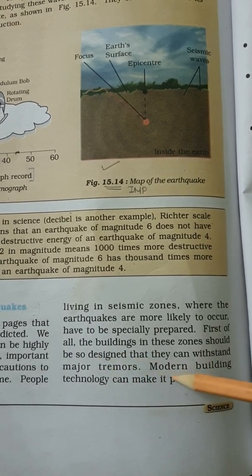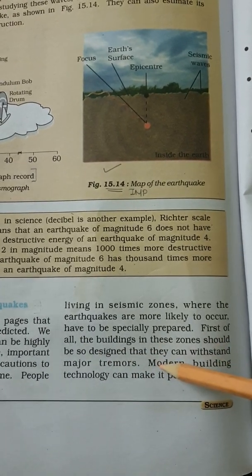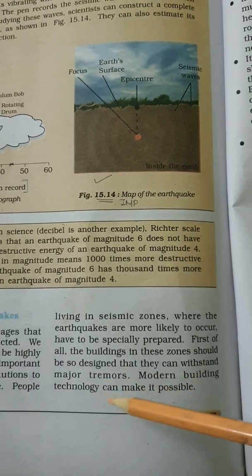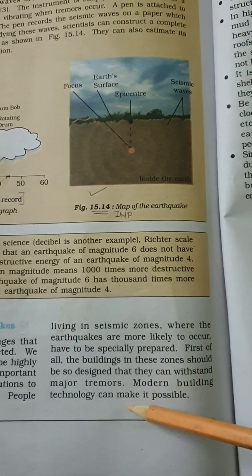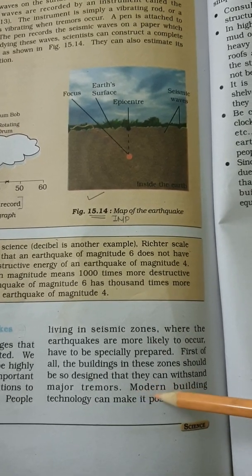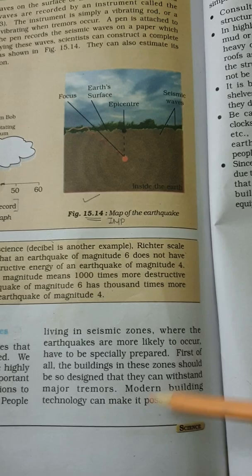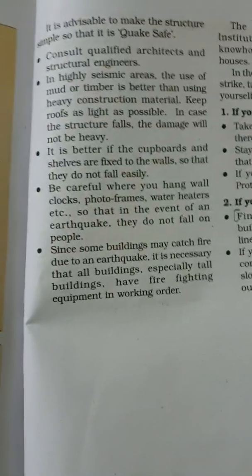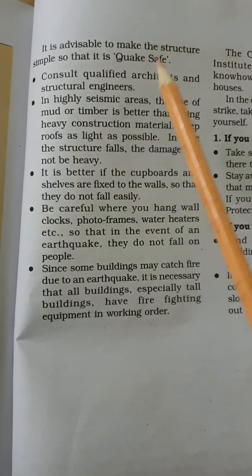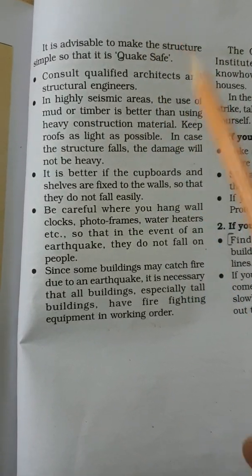First of all, the buildings in these zones should be designed so that they can withstand major tremors. Withstand means tolerate major shaking and major tremors, not that with slight shaking the building falls down. No. Modern building technology can make it possible, making the structure earthquake safe.